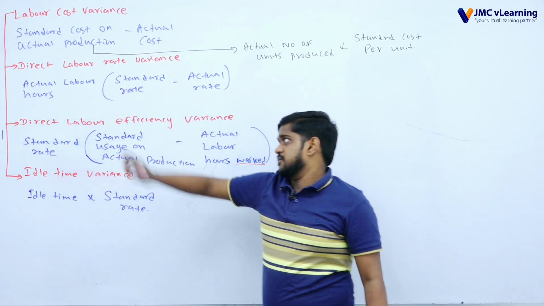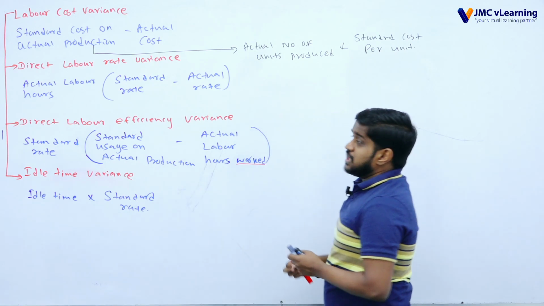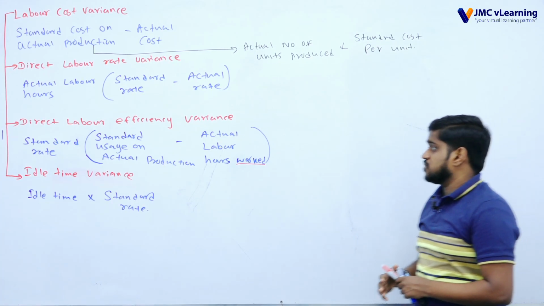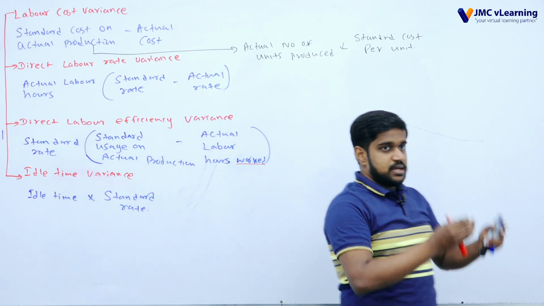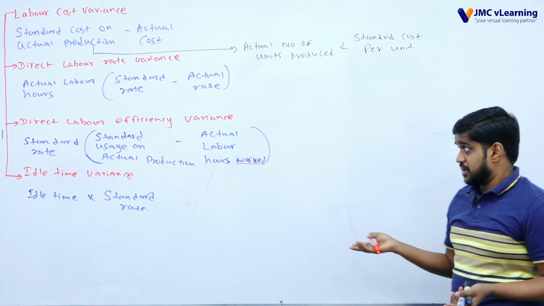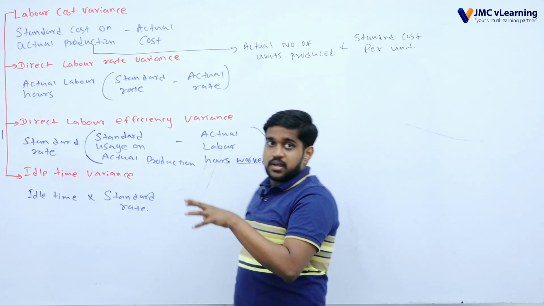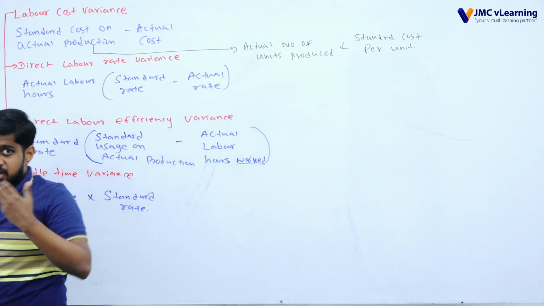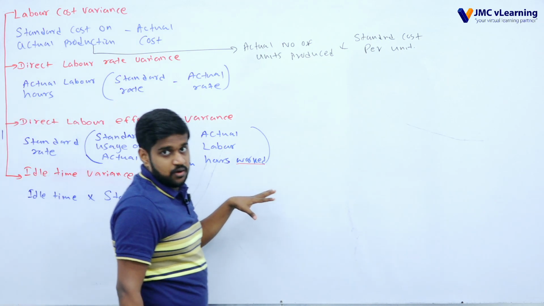Normally we get actual labor hours paid, but paid hours and worked hours can differ based on idle time. If there were some idle hours, then definitely there is a difference, because if we paid for idle time also, our paid hours can be higher than the worked hours.